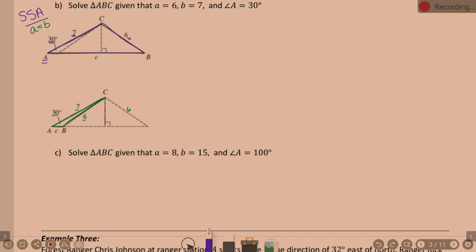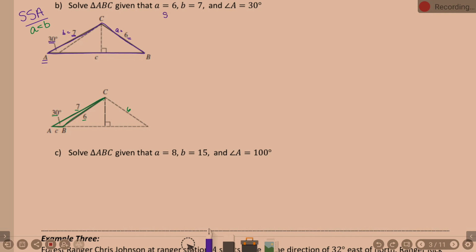This is side A, this is side B. We have angle A and side B, that means we can find angle B. I'm squeezing information in here; maybe I should have gone a whole other page of notes, but I didn't.